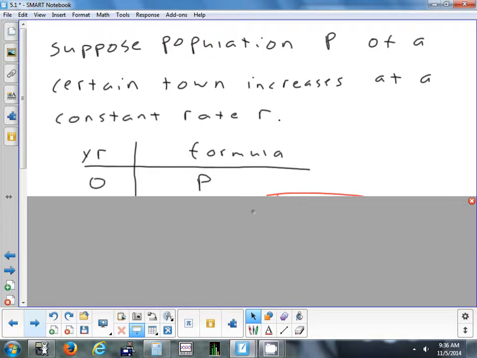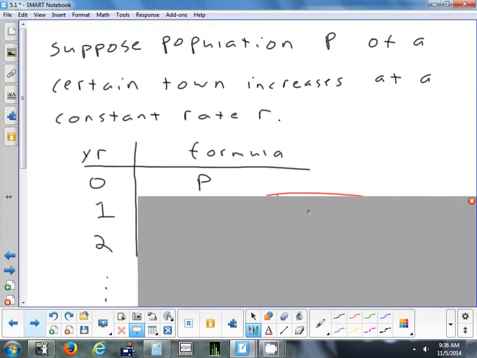So let's look at an example of exponential growth. I said earlier that sometimes if you have a city and the population is increasing at a constant rate, constant percent, that's exponential growth. So let's say at year 0, the population of this city was P. Now at year 1, if that's going to increase, let's say it's going to increase by r.